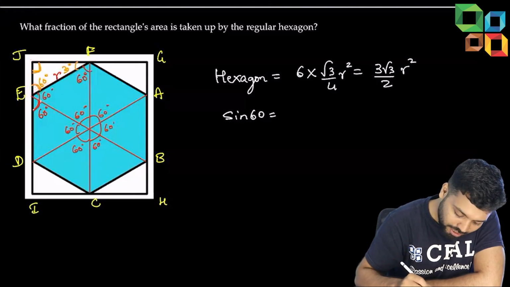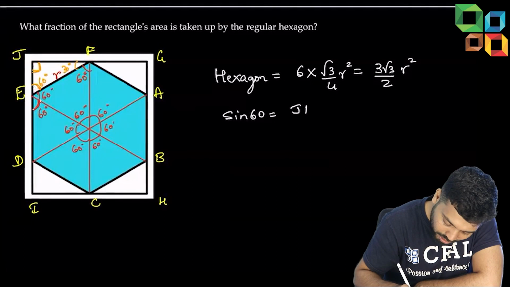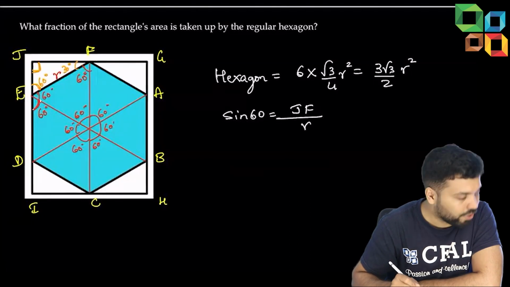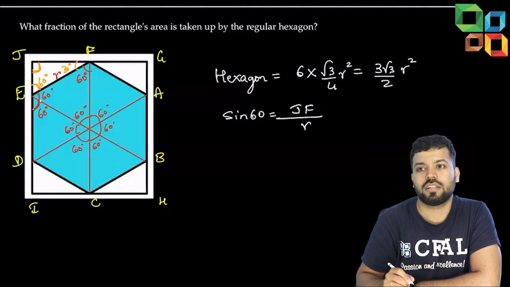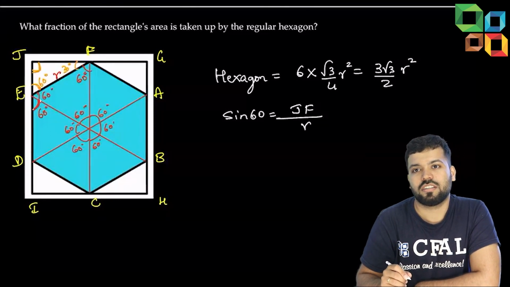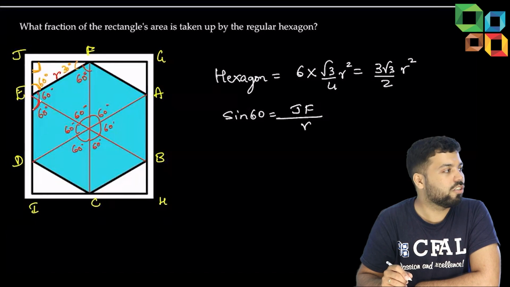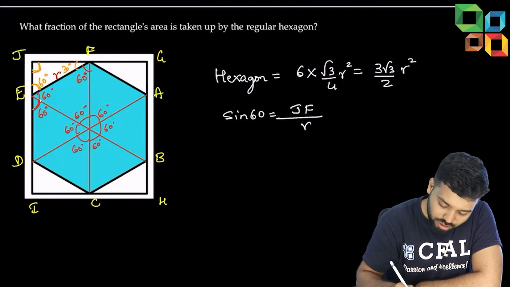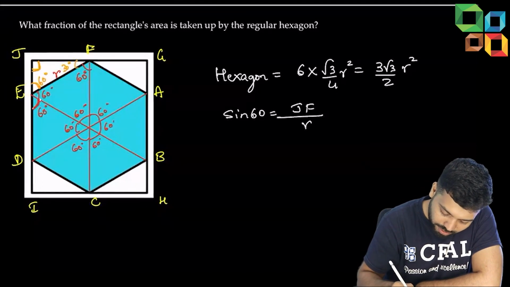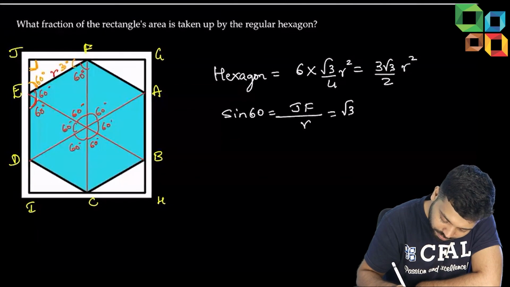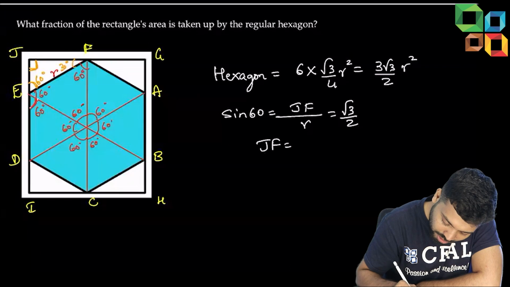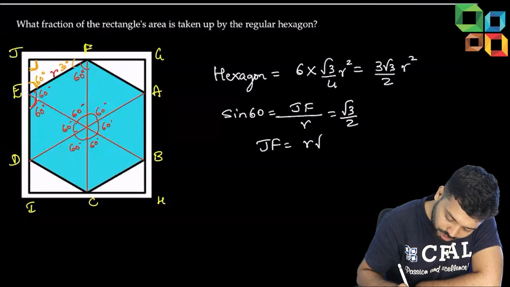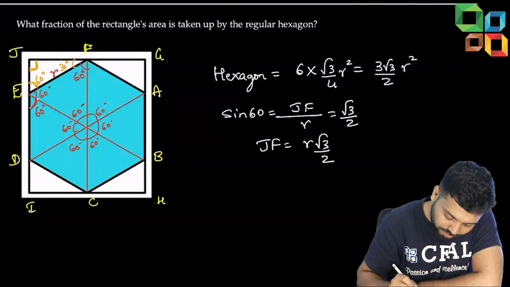So sine 60 equals JF by hypotenuse, which is R. How much is sine 60? √3 by 2. So what will be my JF? R into √3 by 2.